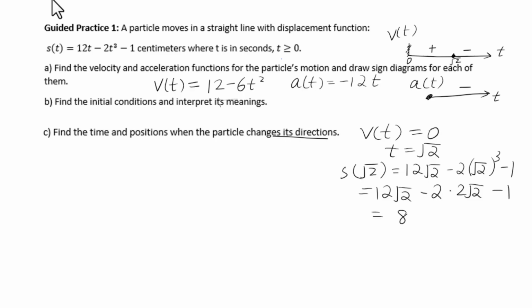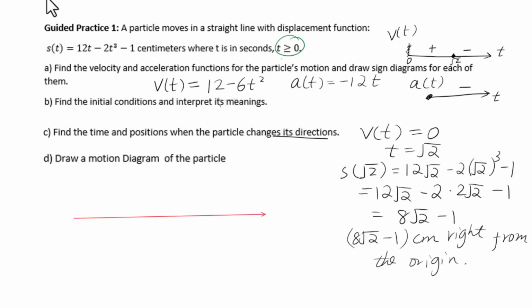So we have 8 square root of 2 minus 1. The particle is 8 square root of 2 minus 1 centimeters right from the origin.